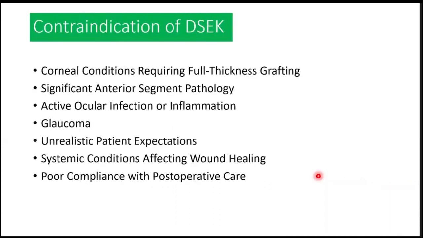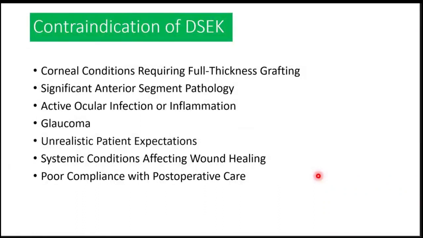Now, the contraindications, where DSEK cannot be performed. Corneal conditions requiring full thickness grafting: DSEK is not suitable for corneal conditions that affect deeper layers of the cornea, such as significant stromal scarring or keratoconus with extensive stromal thinning.